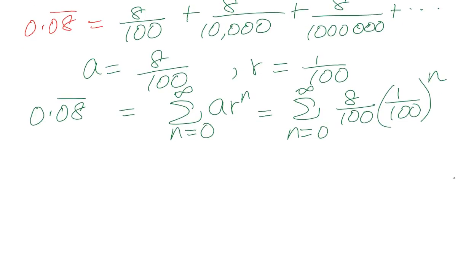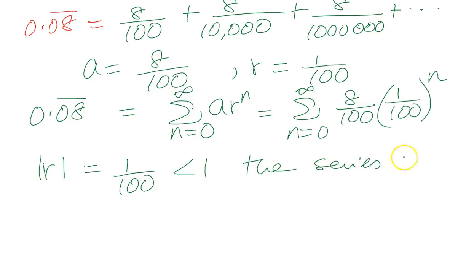Okay? Now look guys, absolute value of r is still 1 over 100, which is less than 1. So the series converges. If it converges, we can find the sum using the formula a over 1 minus r.